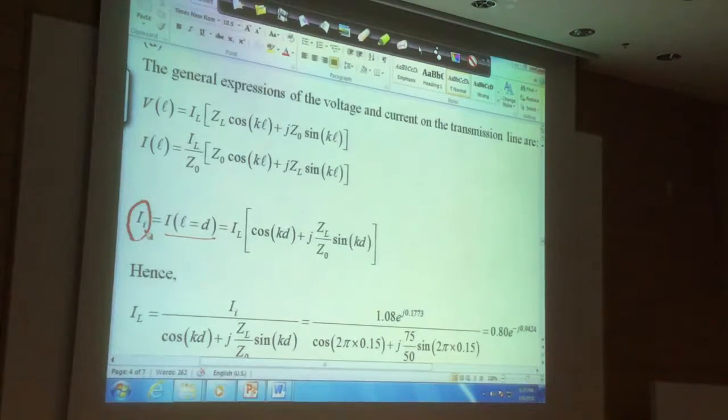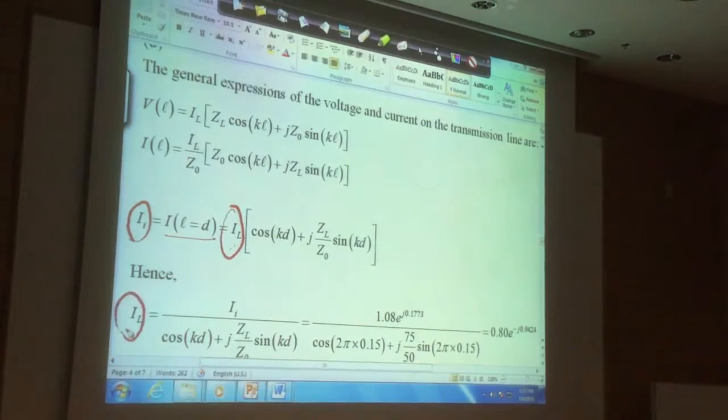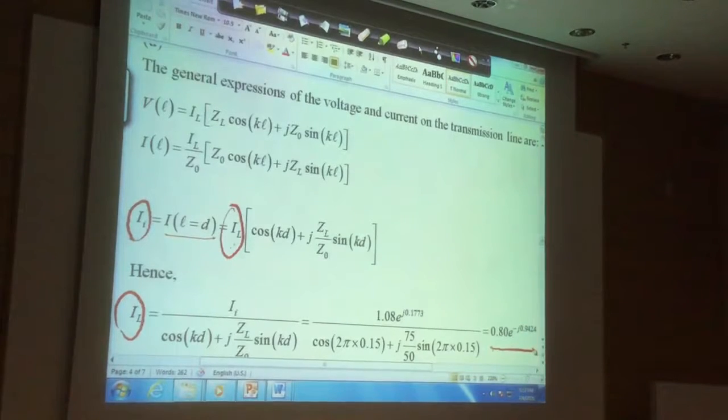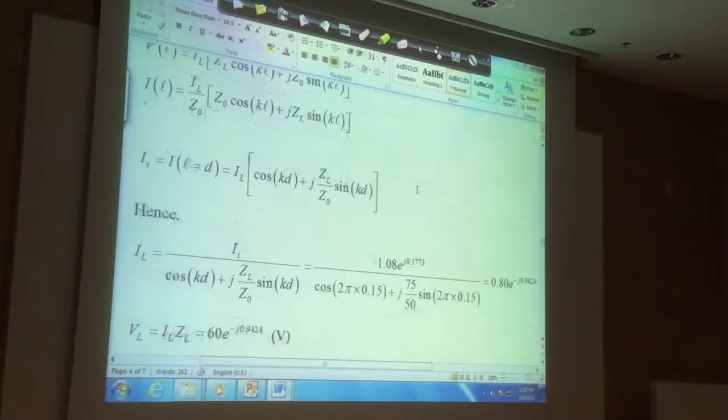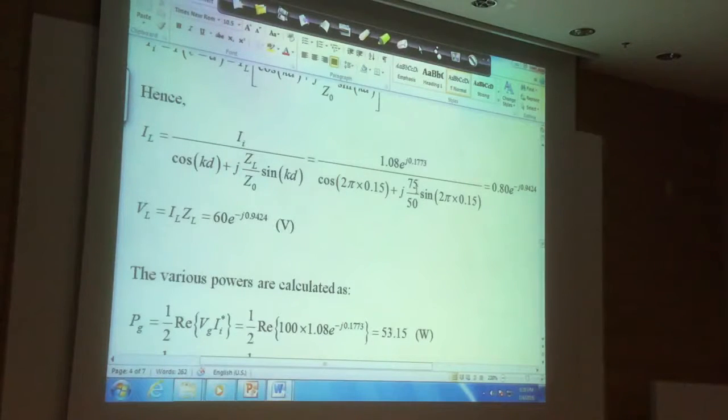At II. Then our idea is to derive IL, right? Okay, then II has been calculated, and then the current at the load, then you can obtain this. Okay, then voltage across the load, then it's just current times the load impedance, right? Okay, load impedance.